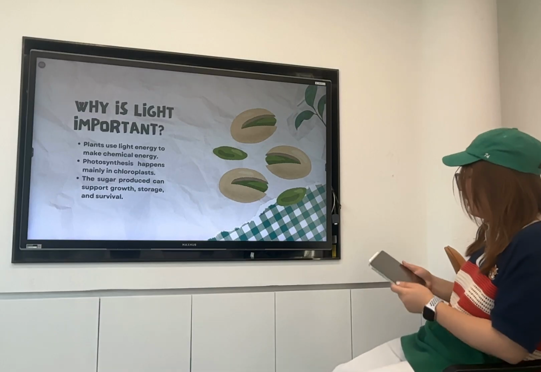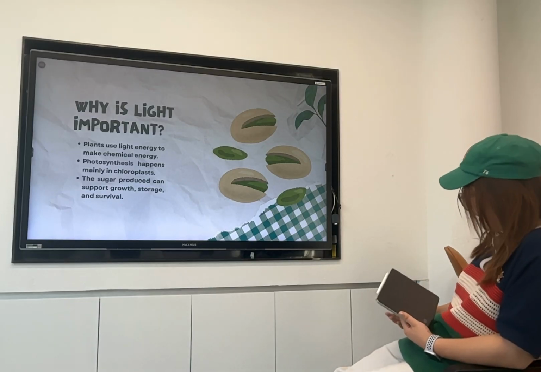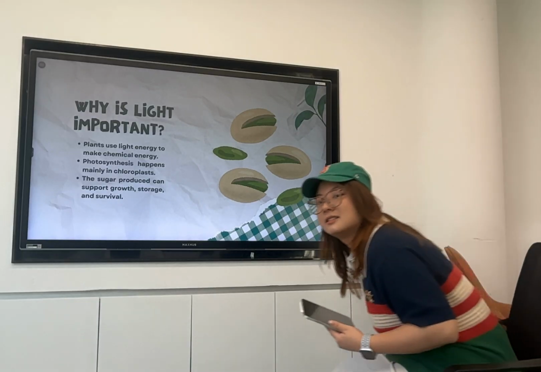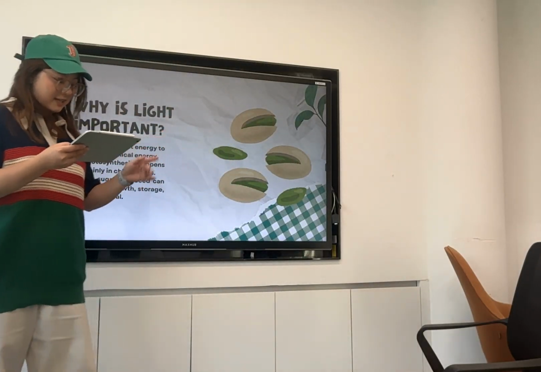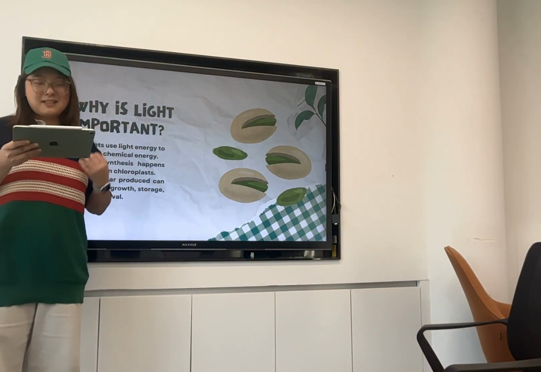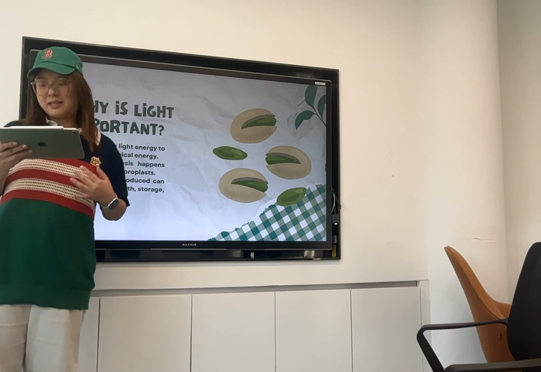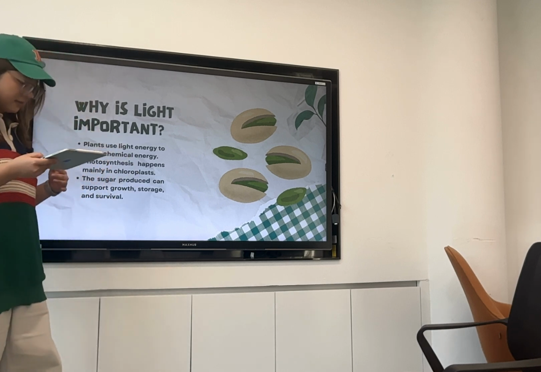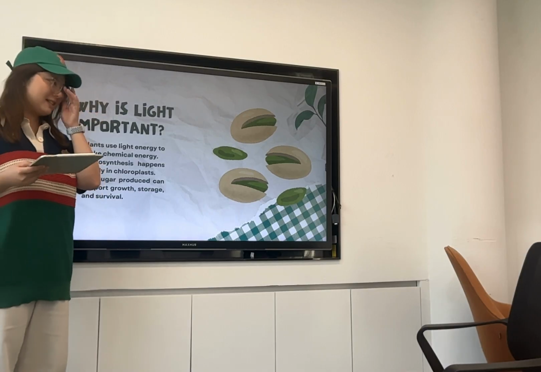So basically, light is like the plant's energy source. Yes, light is not the food for the plant, but it is the energy source that allows plants to make their own food. Your speaking is quite correct, I think.